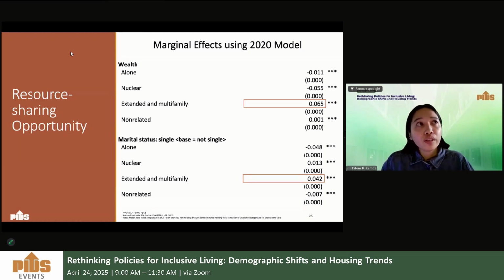An example of a situation wherein individuals are taking advantage of the resource sharing opportunity is when they share in the payments for particular assets, or let's say payments for food. Next slide, please.